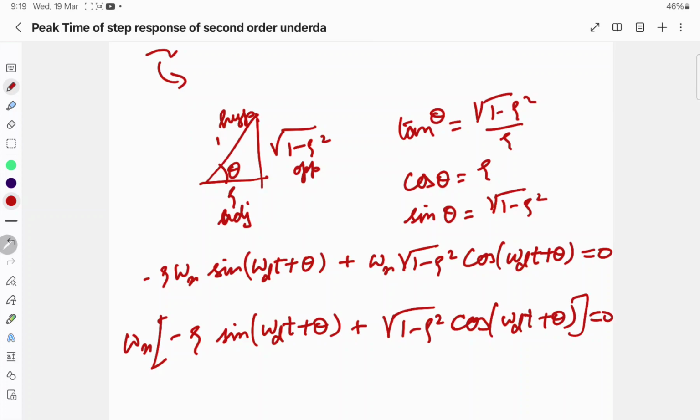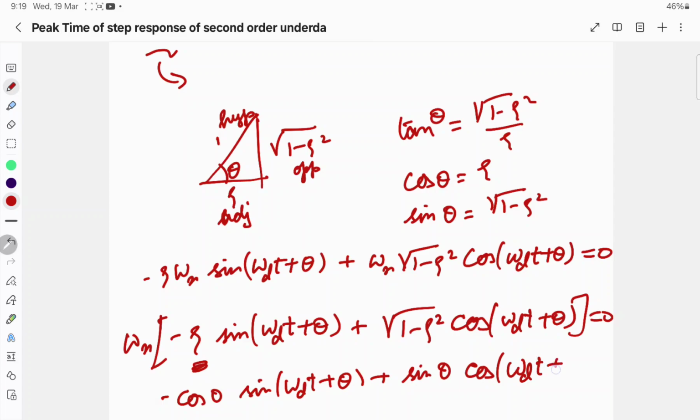So omega n going to the right side vanishes. Now zeta I can write in terms of cos theta. So minus cos theta sine omega d t plus theta. And square root of 1 minus zeta square is sine theta, cos omega d t plus theta, equal to 0, right?